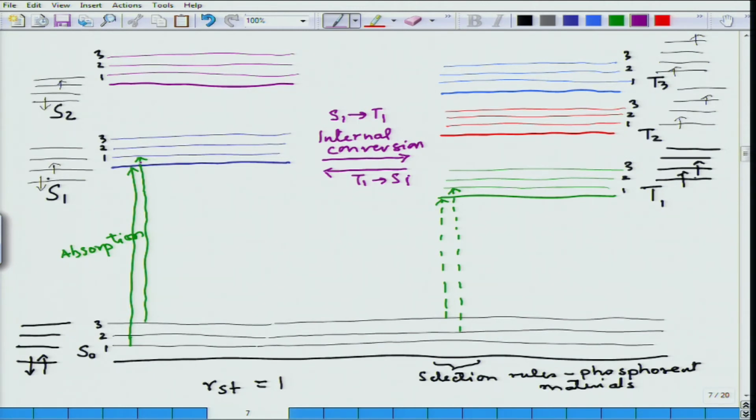Now, once we have the molecule in the excited state, the next process is that this molecule from the excited state immediately loses its extra energies and comes down to the lowest electronic state of the second excited state, and it will emit, come down to the ground state, and it can come down in different configurations, and this can be radiative emission.